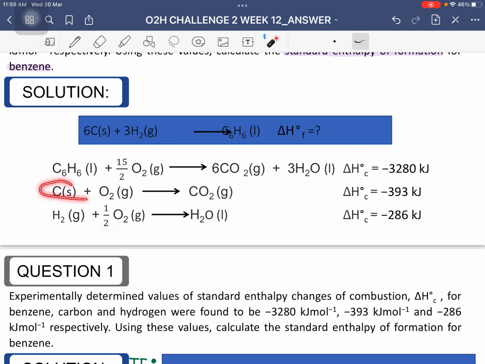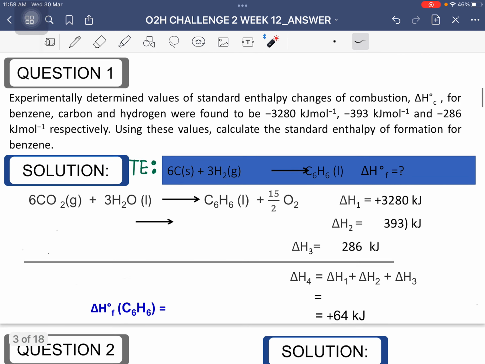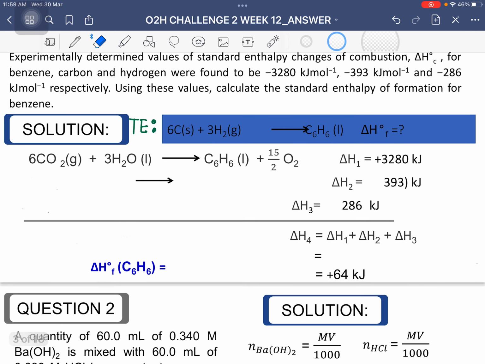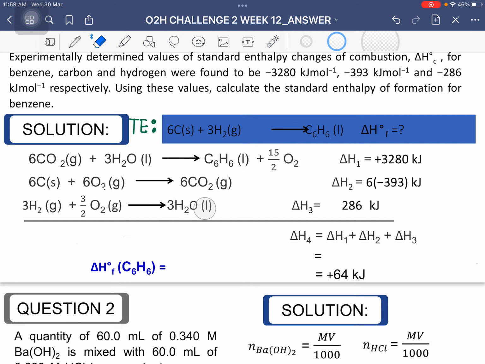So the second equation must be multiplied by 6, and the enthalpy is also multiplied by 6. The same goes for hydrogen. We need 3 hydrogen. Therefore, we take the third equation without reversing, and just multiply the whole equation by 3, and the enthalpy is also multiplied by 3.